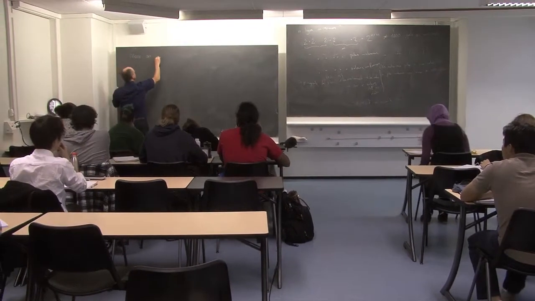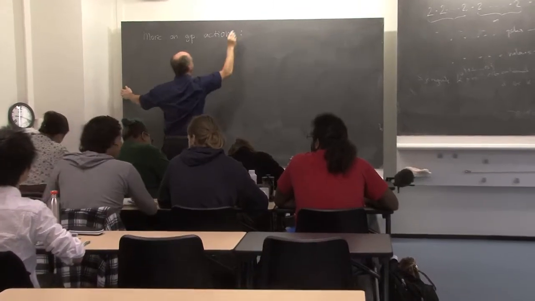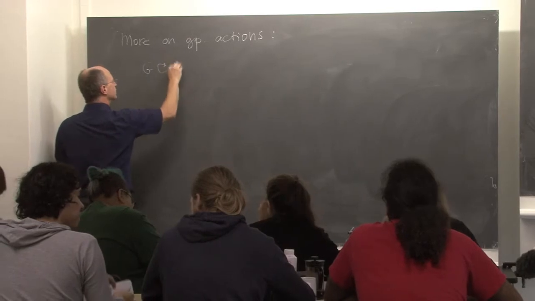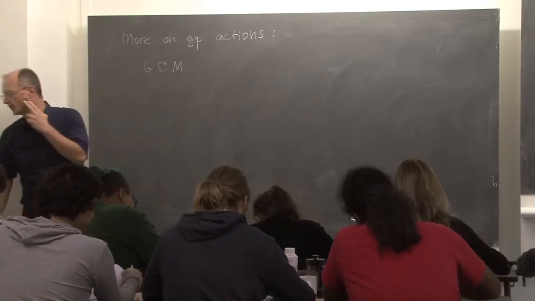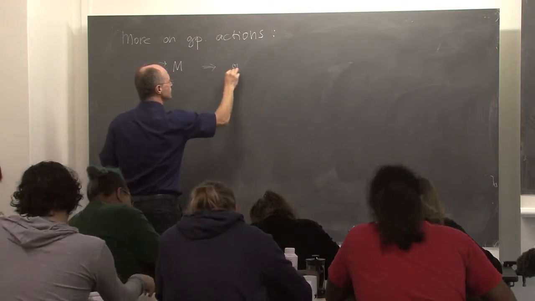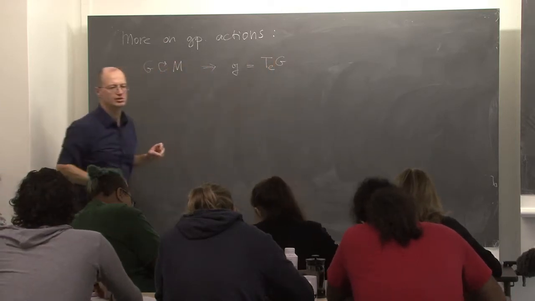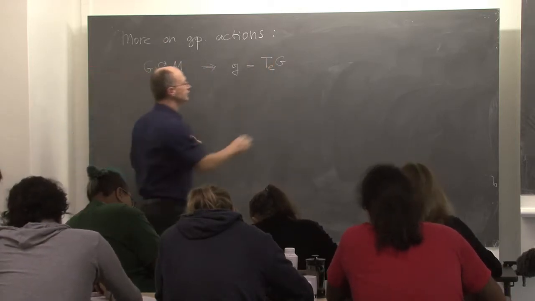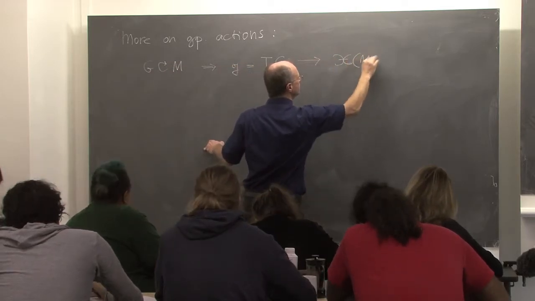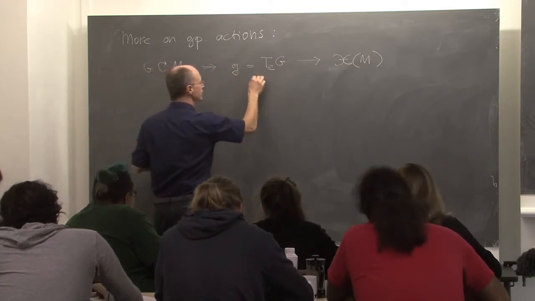So more on group actions. Well, we have a group acting on a manifold, and we know that this action induces a map from the Lie algebra, which is just the tangent space to the group at the group unit, into the space of vector fields on M. So the notation is as follows.